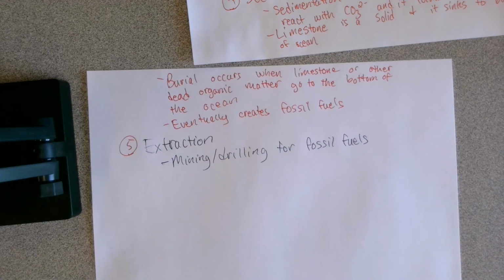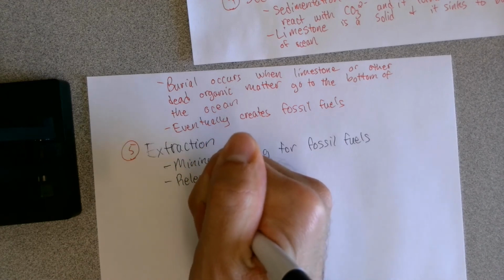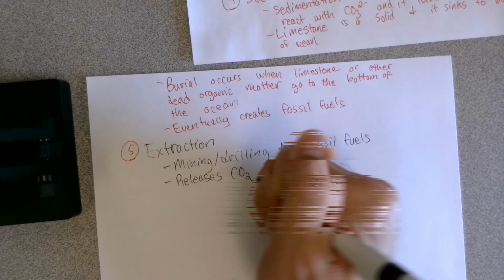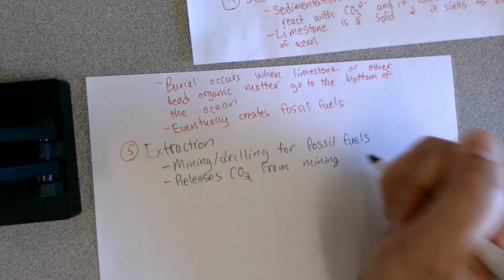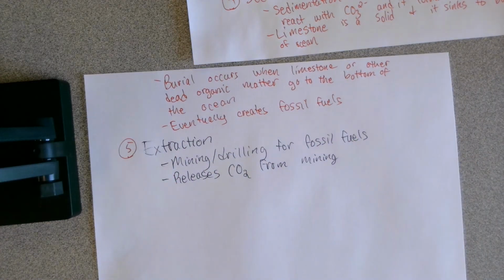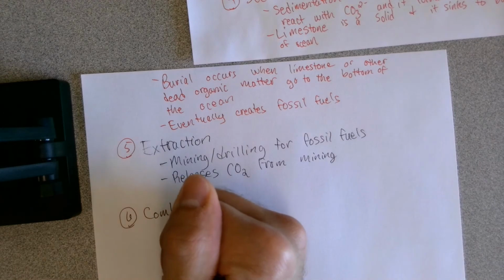And that's releasing CO2 into the atmosphere, through mining, releases CO2 from mining. Which leads me to my last one, which is number 6, which is combustion.